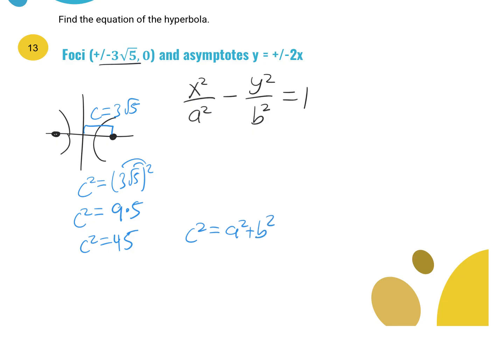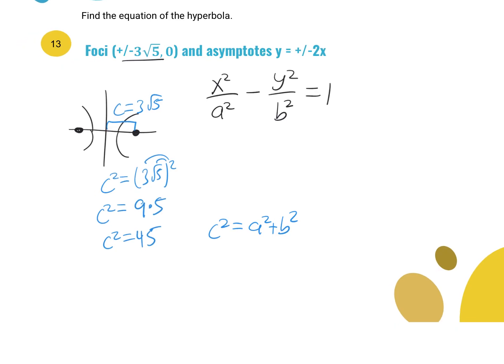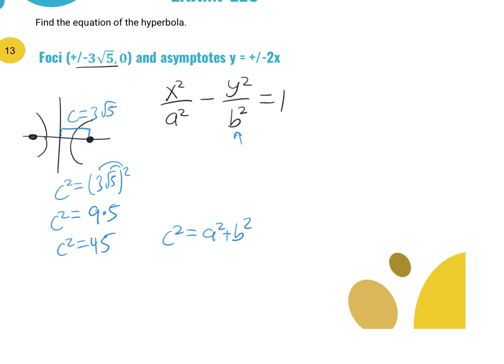The only way that we can get a and b is from our asymptotes. Since this is a left-right, a horizontal hyperbola, b is with the y, and so that would make plus or minus 2x. That 2 has to be b over a, right?